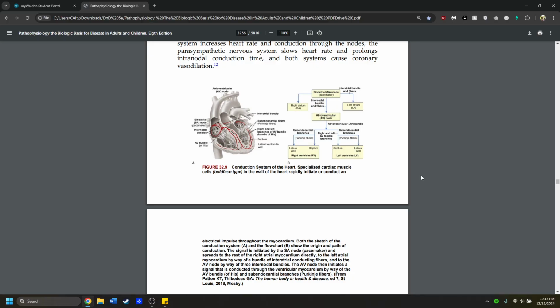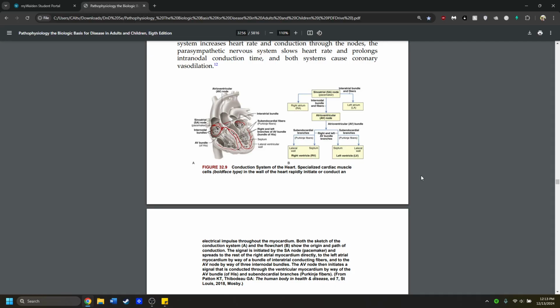And here it looks like it's talking about your SA node and AV node, your AV bundle of His, your interatrial bundle, subendocardial fibers or Purkinje fibers, your right and left branches of the AV bundle, again the bundles of His, your septum, and your lateral ventricular wall.